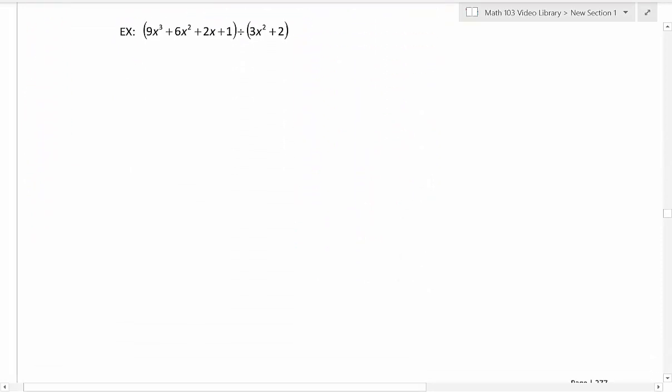Let's try another one. Let's divide 9x to the third plus 6x squared plus 2x plus 1 by 3x squared plus 2. We always start by making sure that our divisor and dividend are both in descending order, which they are.